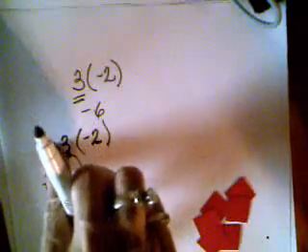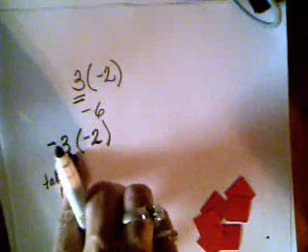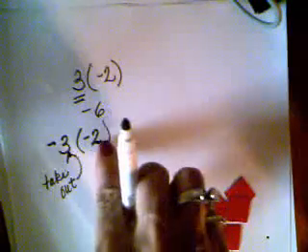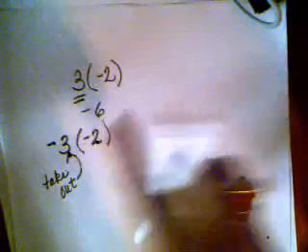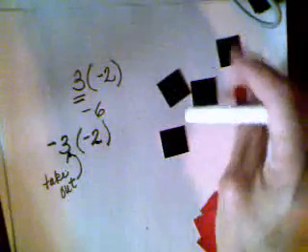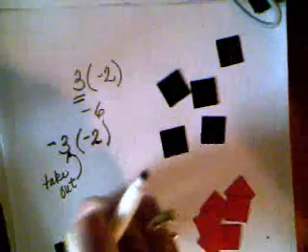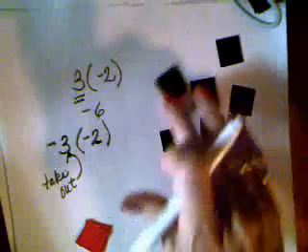So if you have a negative out here, it means that you are taking out the -2 tiles and leaving them with the positive tiles.